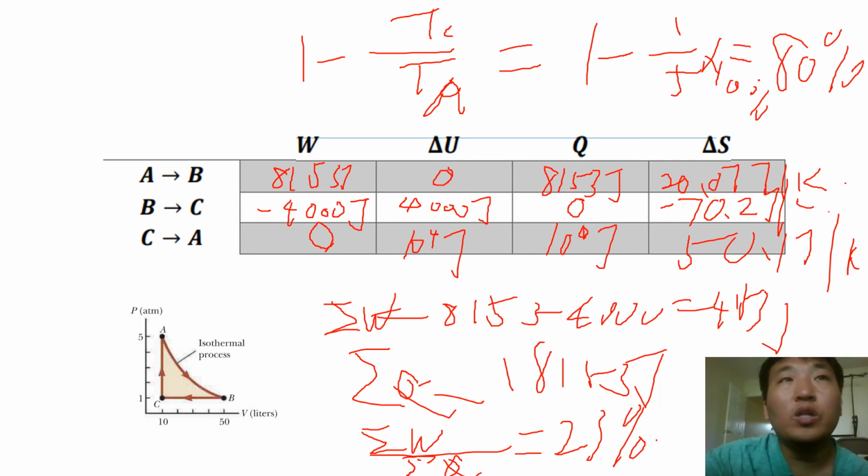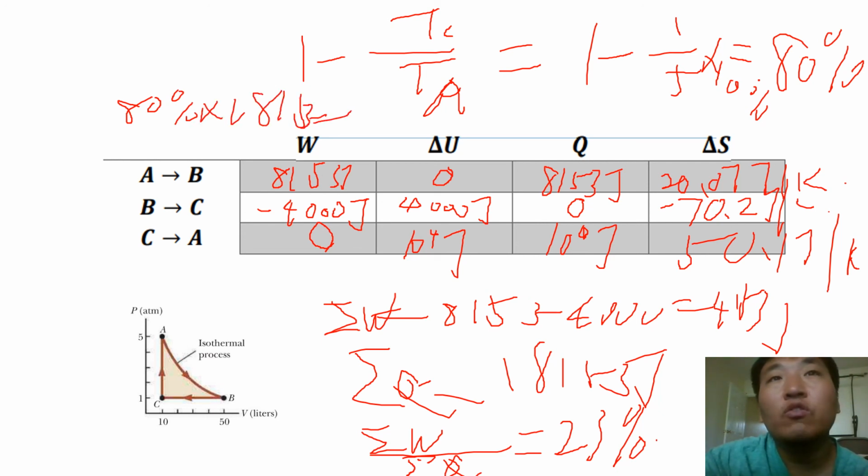That leads to the maximum work we can get being 80% times 18153. We get 14,522 joule.